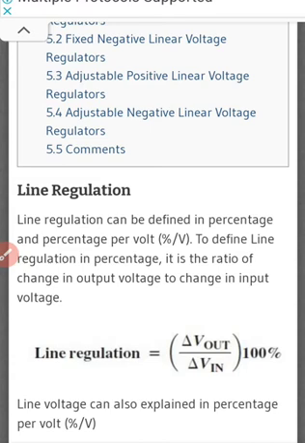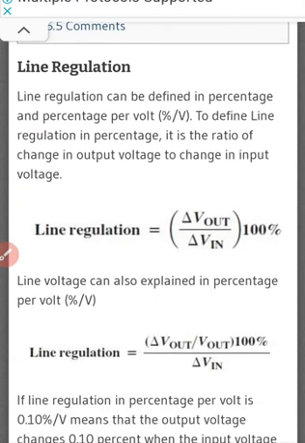So to define line regulation in percentage, we take the ratio of the change in output voltage to the change in input voltage. We can multiply it by 100 for converting it into percentage format.